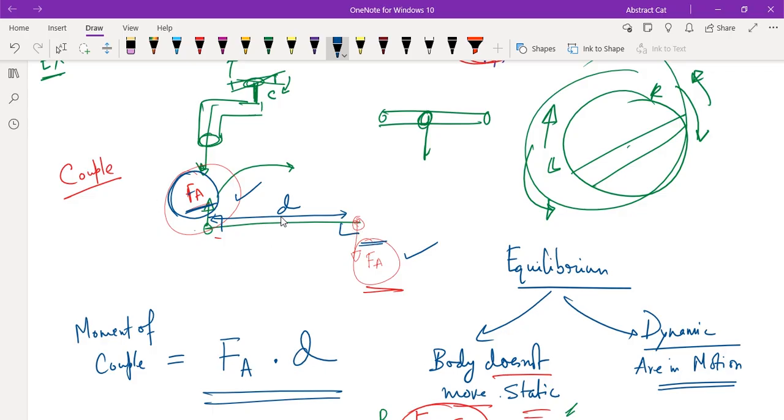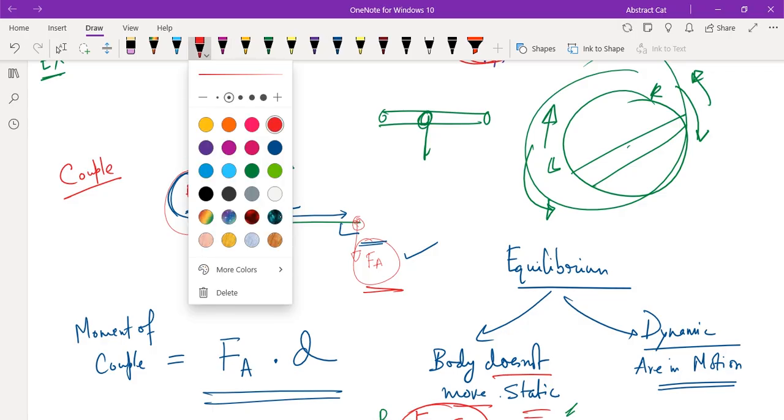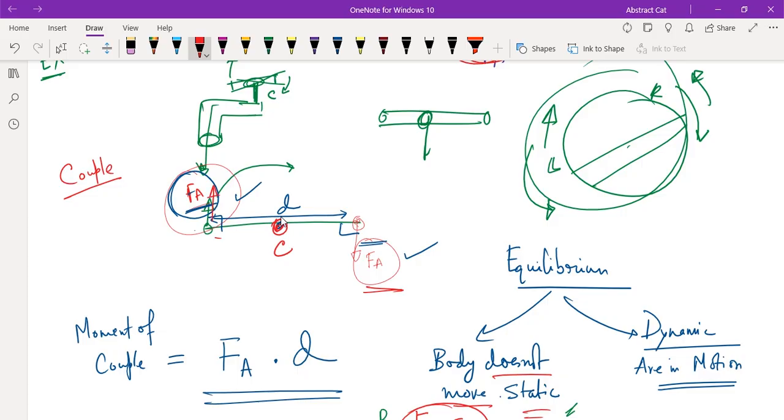For example, there is a fulcrum or center point, with some force up and some force down, two forces here, and the body rotates. So the body remains in a state of motion, either translation or rotation, depending on the several forces applied on that body.